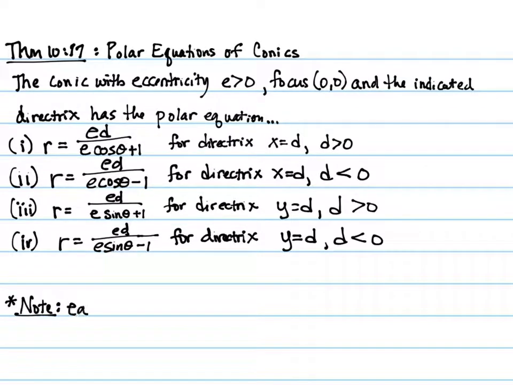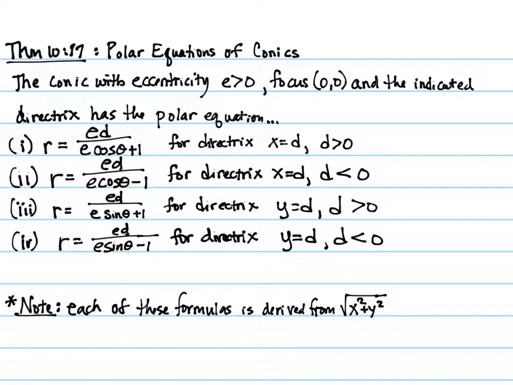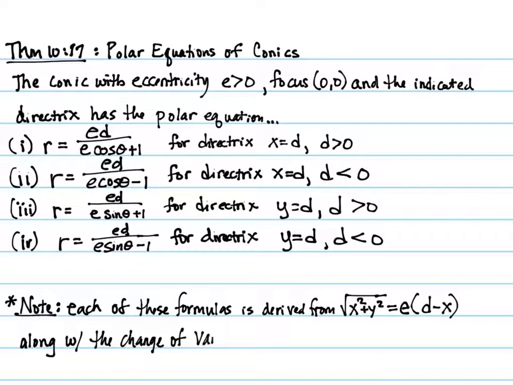Each of these formulas is derived from the square root of x squared plus y squared equaling e times d minus x, along with a change of variables into polar coordinates.